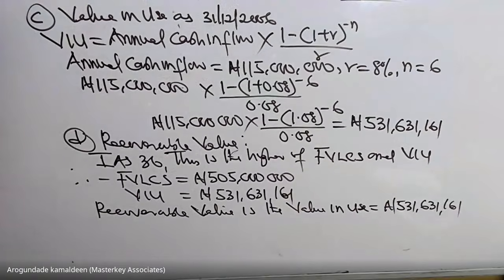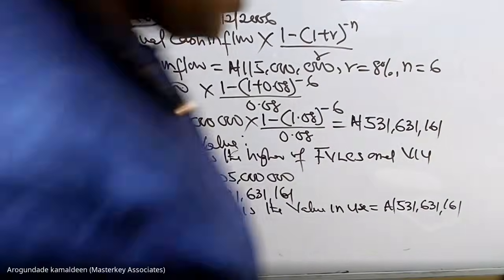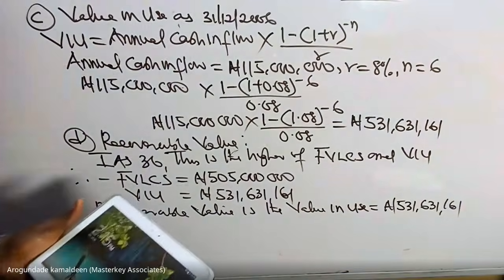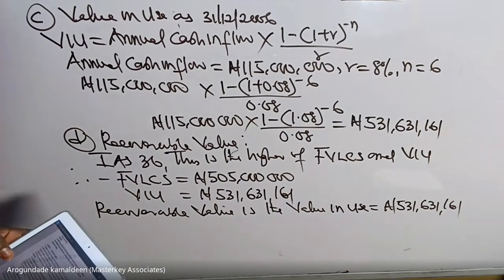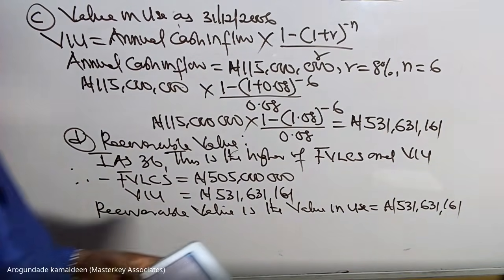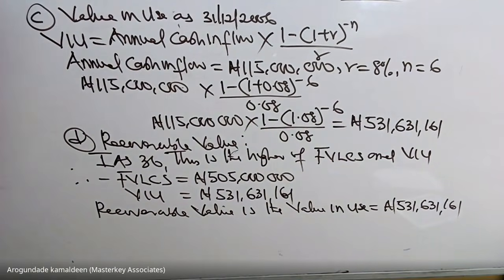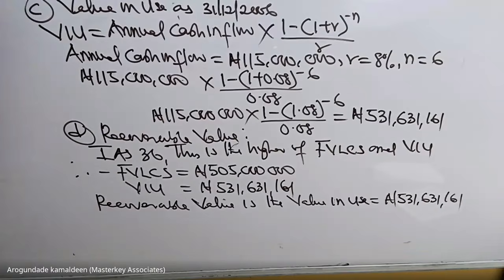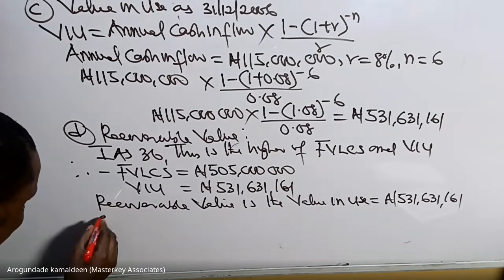So the last part now, part E, says calculate any impairment loss and indicate the required accounting treatment. Class, E, impairment.